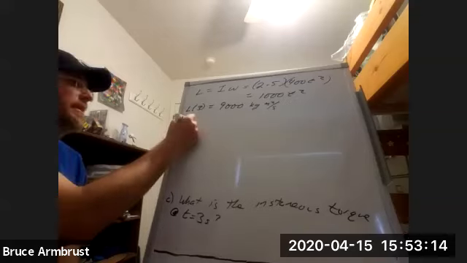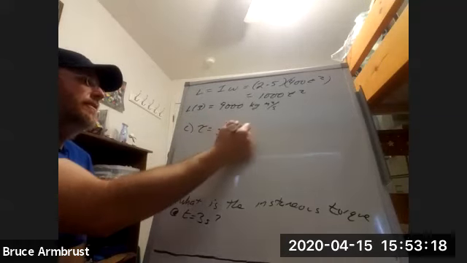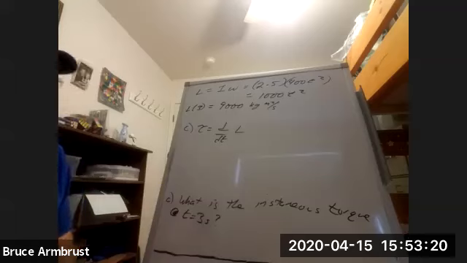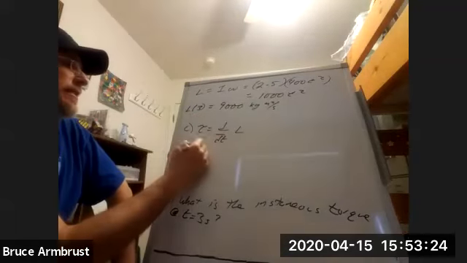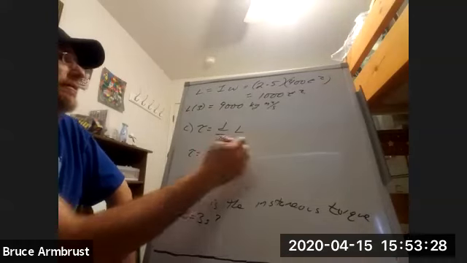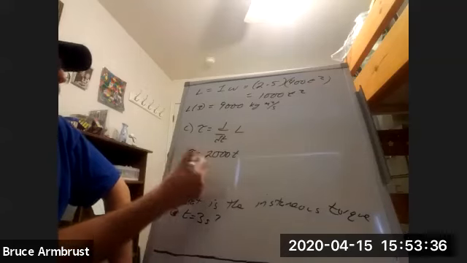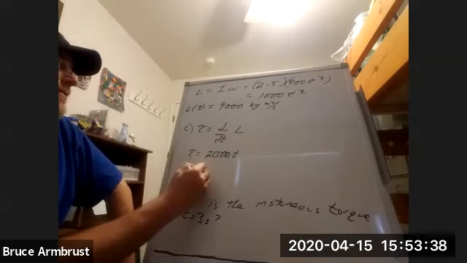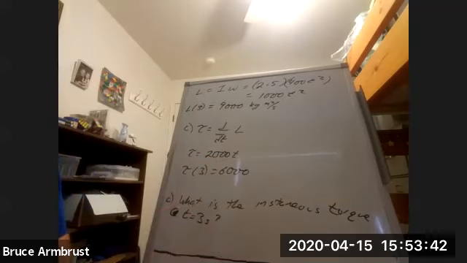So for part C, torque is going to be the derivative of L. We already have L as a function of t, so we can differentiate that. We're going to get 2000 t. At 3 seconds, we plug that in, and the torque at 3 is 6,000.